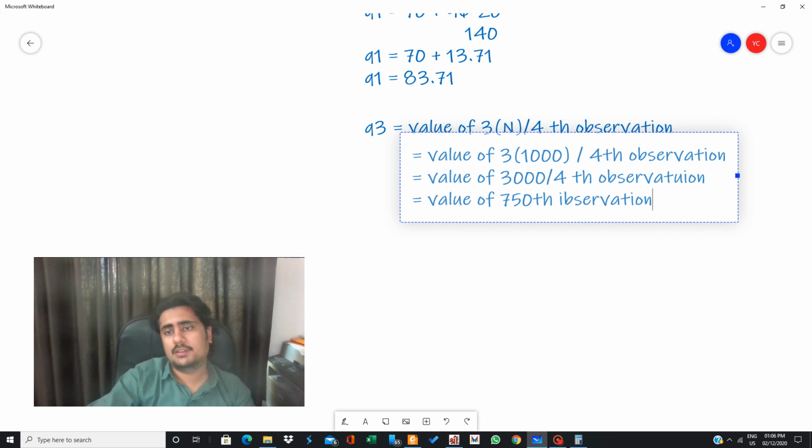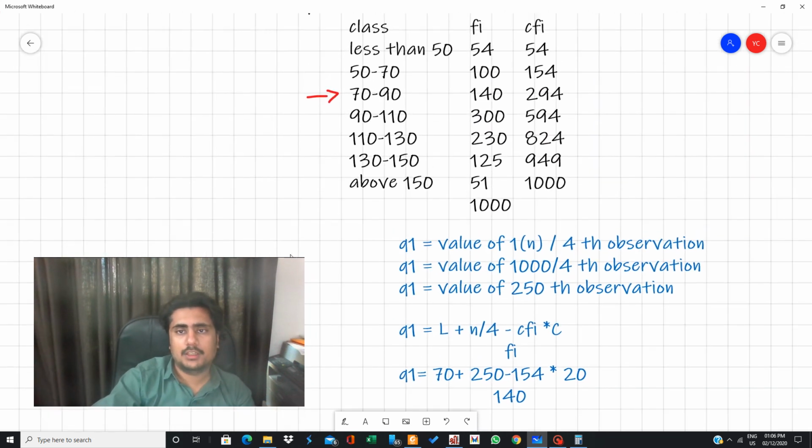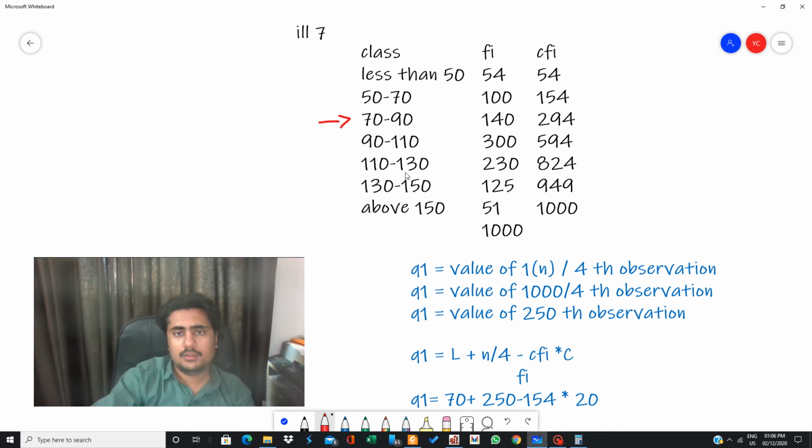Now where will the 750 fall? Now see, the 750 will be under this class.